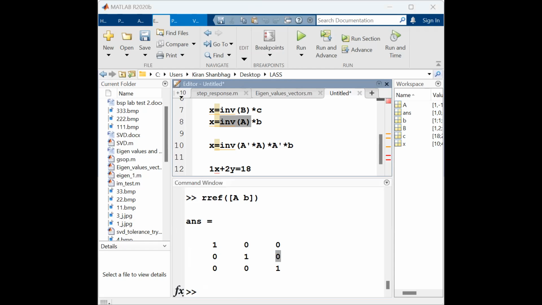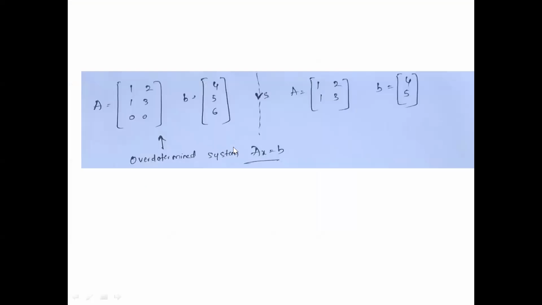So how do you solve this? Such systems are called overdetermined systems. And the idea, by the way, is, imagine how a 2 cross 2 system works.